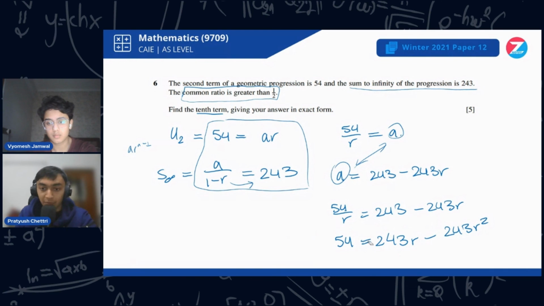And now we can move everything to one side: minus 243R squared plus 243R minus 54 equals 0. Now we can use our quadratic formula where this is A, this is B, this is C. A is minus 243, B is plus 243, and C is minus 54.